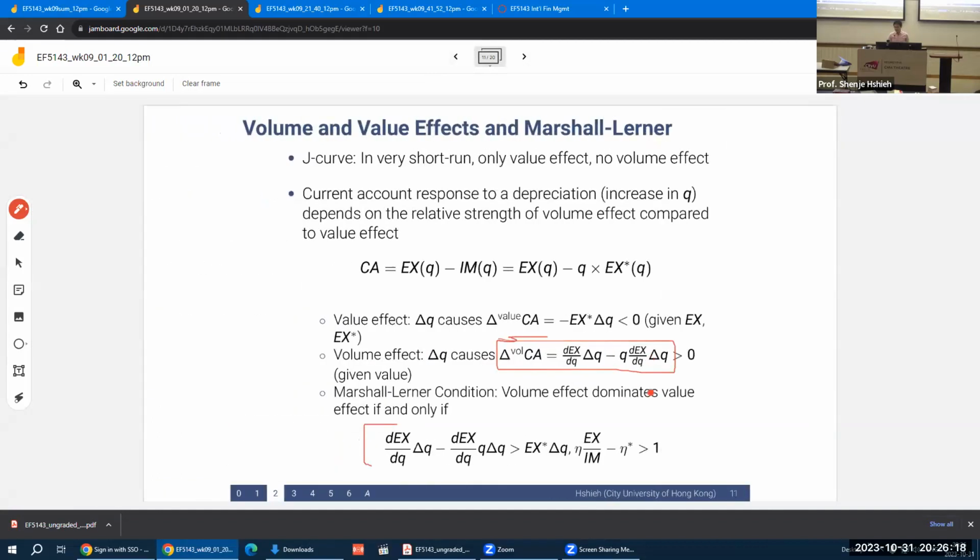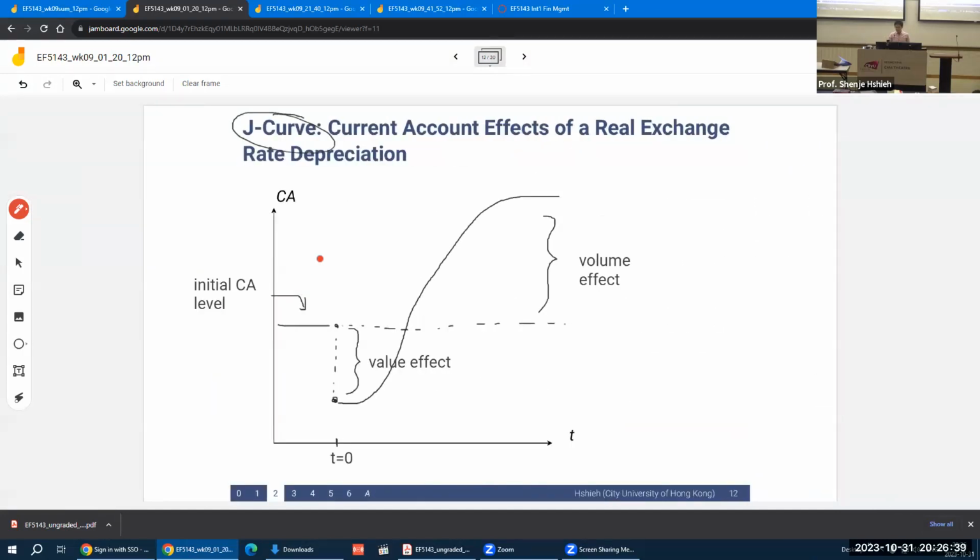The idea is that in the short run, export channels are turned off, whereas all we're thinking about is the price that you pay for imports. When you have an exchange rate shock, the price of those imports is rising because Q is increasing, in which case the current account change will decline.